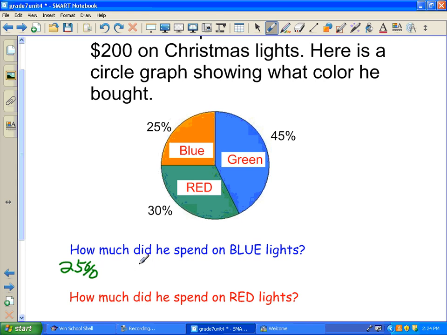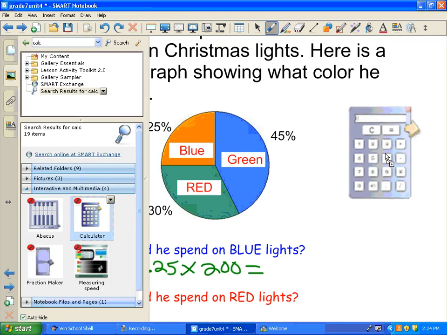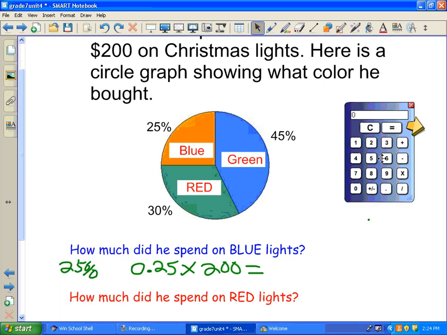Let's change that to a decimal, which is 0.25, and times it by my total amount of money I spent. So times it by $200, and we will then know how much I spent. So 0.25 times 200, and the answer is $50 on blue lights.